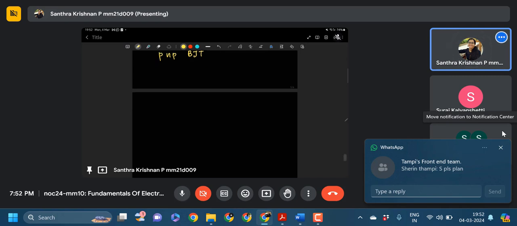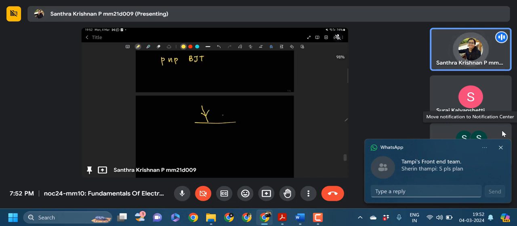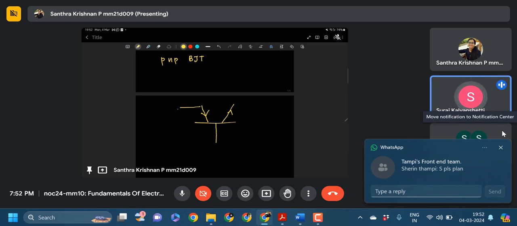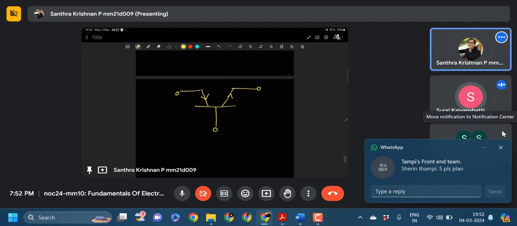Now let us take the case of a PNP BJT. You understand how to draw the diagram, right? This is your emitter, this is your base, this is your collector.